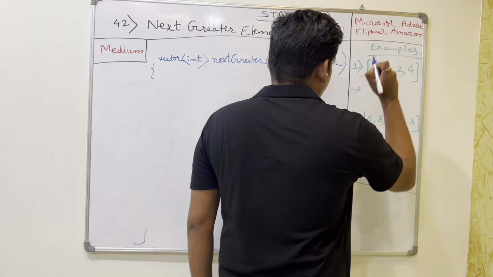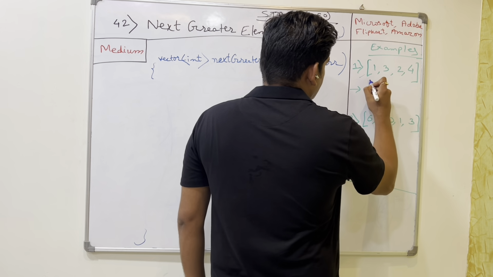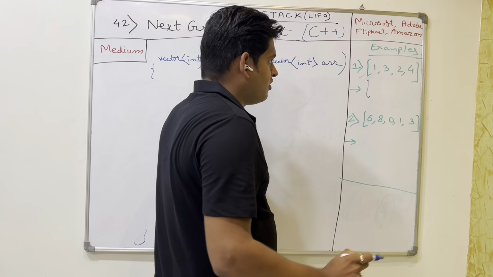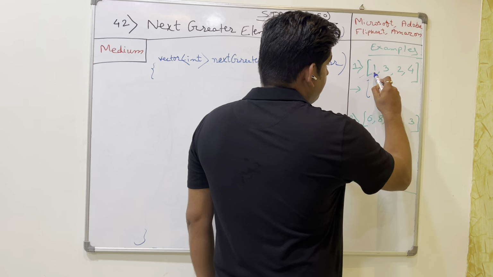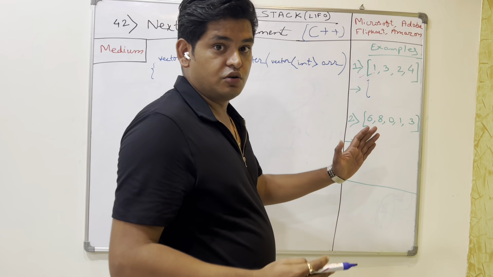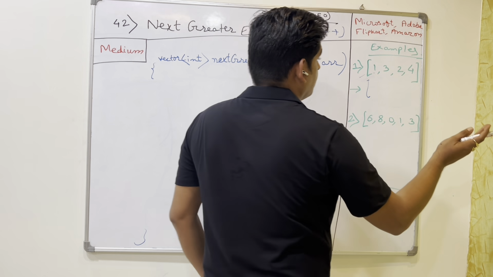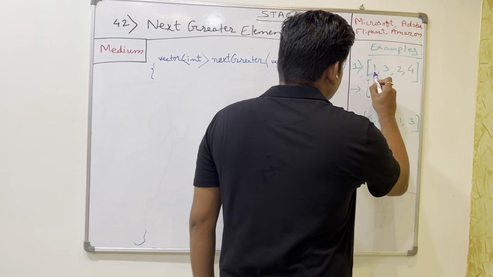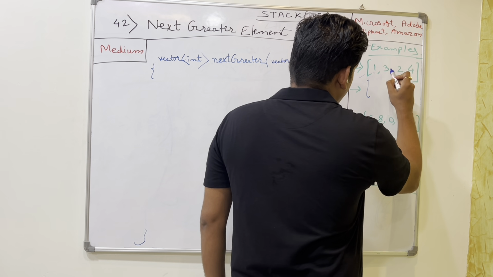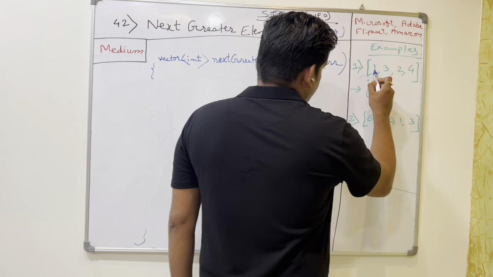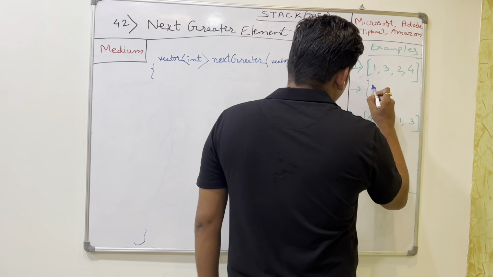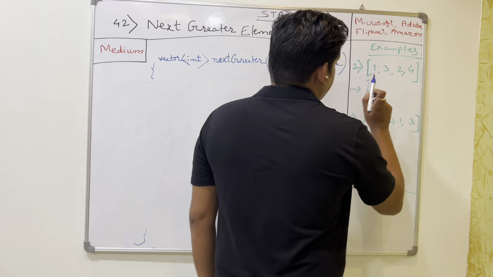For example, in this question, if we traverse the array, for the first element, we look for the element which is just greater than this in the right direction of it. So from 1 we go to 3, and 3 is just greater than 1. So for this position we will have 3.